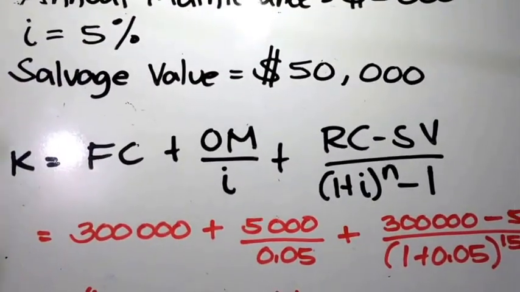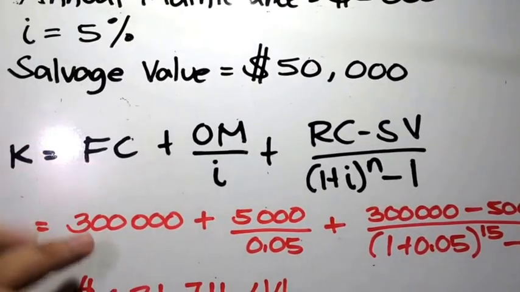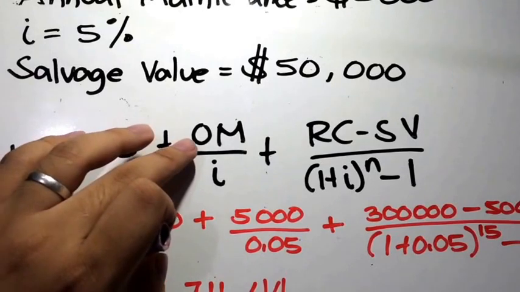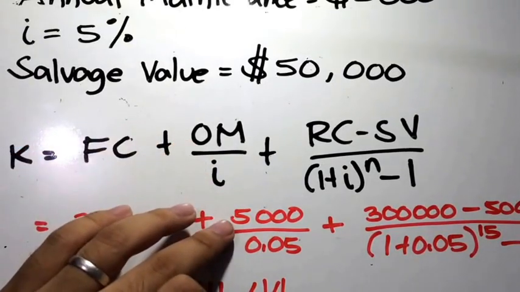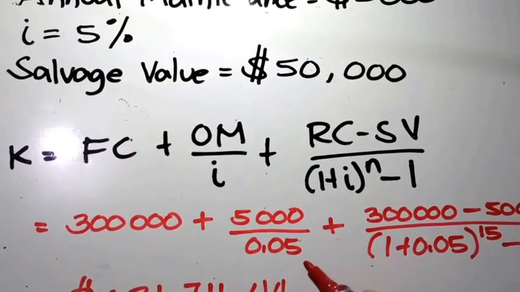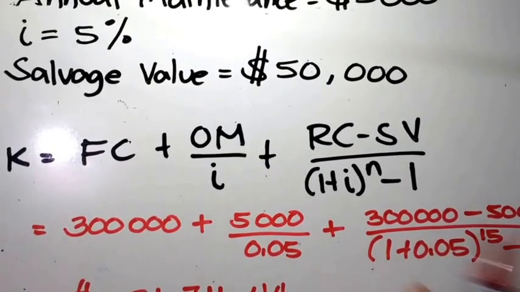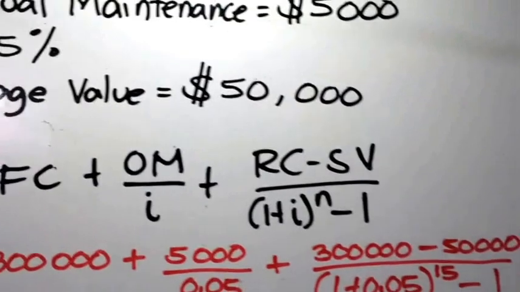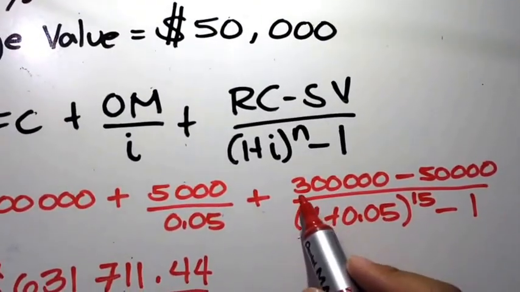Going here, here's our formula. We simply substitute. The first cost is 300,000. The operating or annual maintenance cost is 5,000. Our cost of money is 0.05 or 5%. And if you go here, this is our replacement cost.